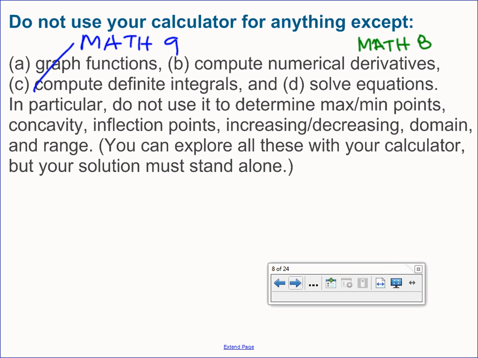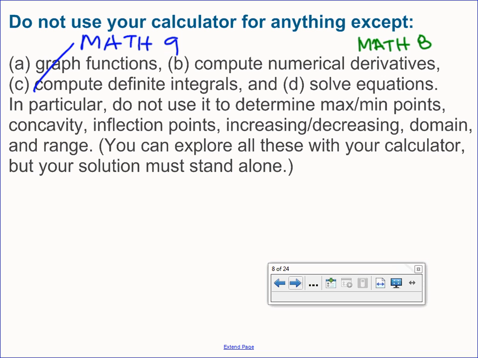Our solving equations could be anything from second, calculate, intersect. We did a lot of that to find when the 2 functions are equal to one another so you can get your limits for the upper or lower limit. Or setting equal to 0 and then solving graphically by doing second, calculate, 0. Each of those would be considered solving the equation numerically. So that's definitely a proper use of your calculator.